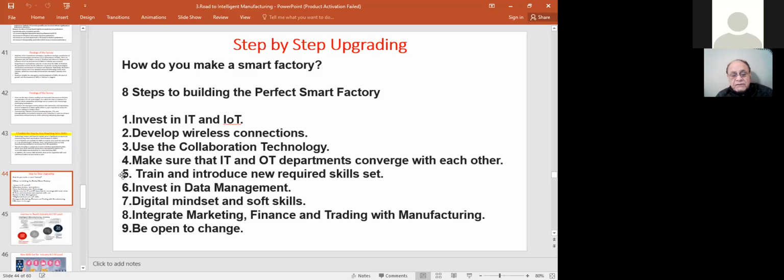Number five, train and introduce new required skill sets. Number six, invest in data management. Number seven is digital mindset and soft skills. Number eight is integrate marketing, finance, and trading with manufacturing. Number nine, be open to change.